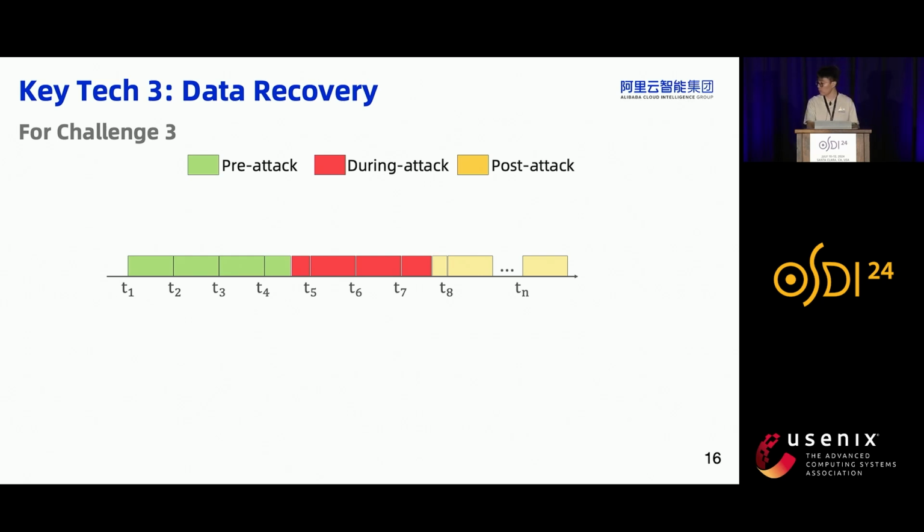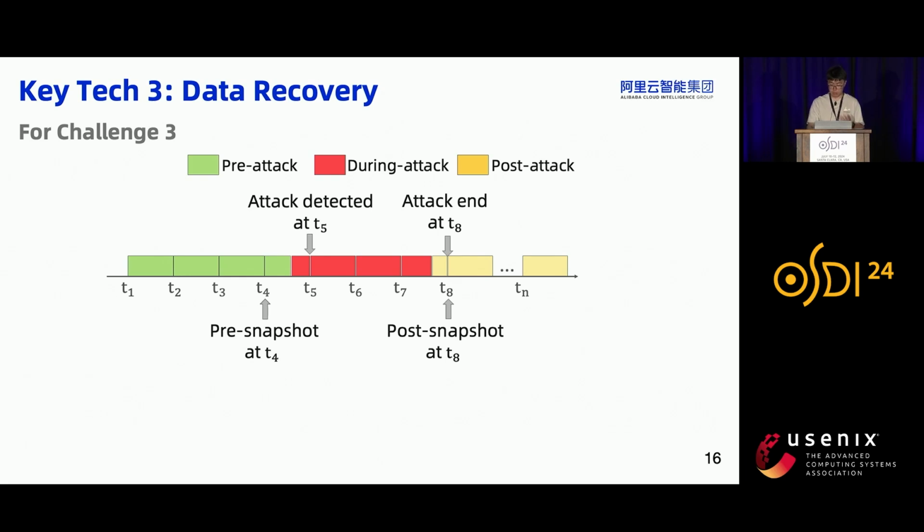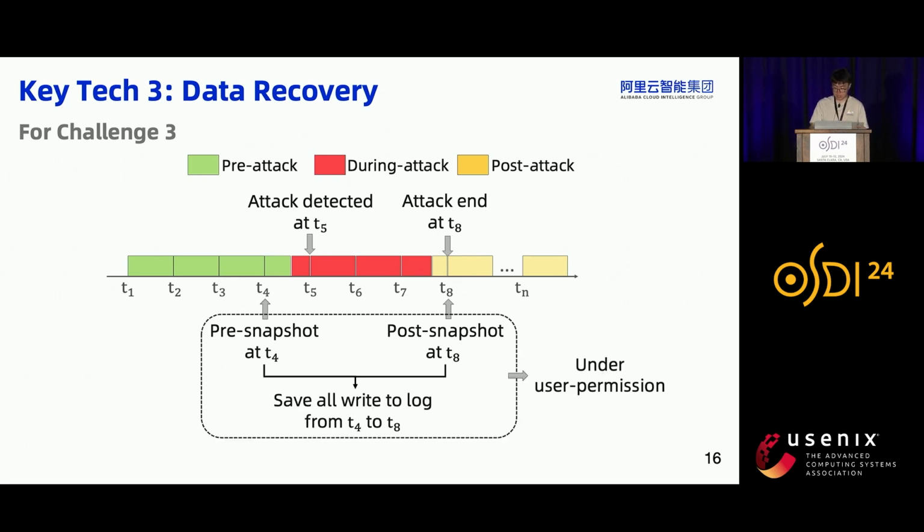Therefore, in DeftPunk, we create a pair of snapshots before and after the attack, and further preserve all write logs between the snapshots to avoid any data loss. This is doable as our storage backend is multi-version by nature, so we can create a pre-attack snapshot after we detect a ransomware attack.